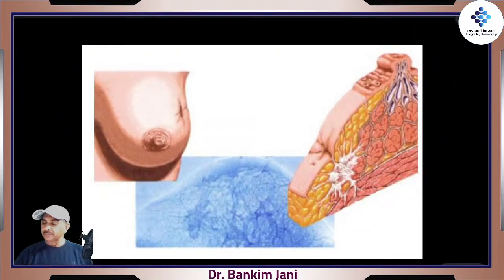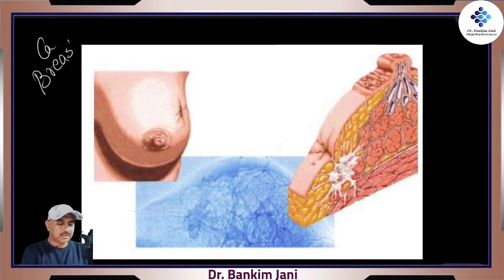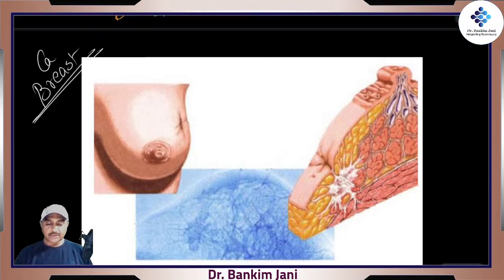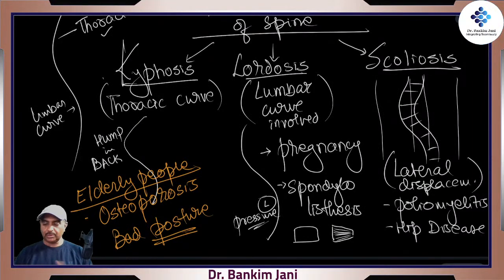Okay, moving on to this. This is carcinoma of breast, a major killer. Scoliosis can be congenital, because all these topics, kyphosis, lordosis, scoliosis, are huge topics in themselves.